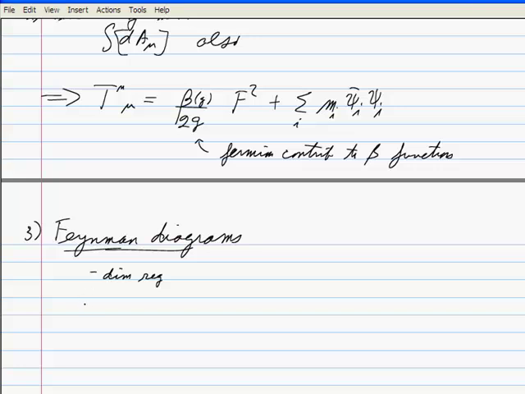The trace of the energy momentum tensor T^μ_μ, and we sort of worked out what it was before. It's (4−d)/4 F² plus (1−d) ψ̄(i∂̸ − m)ψ plus m ψ̄ψ.